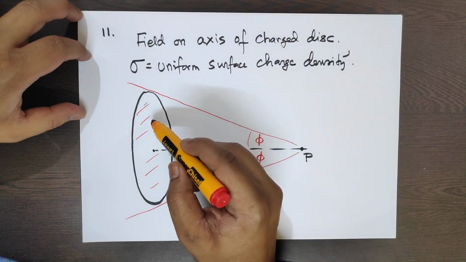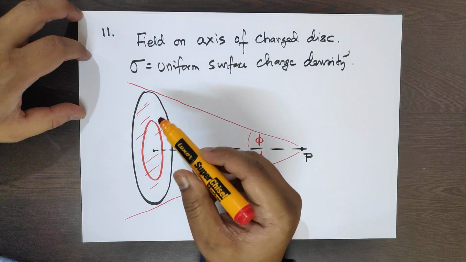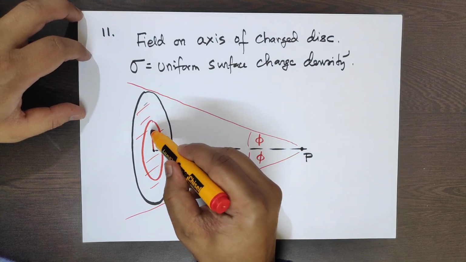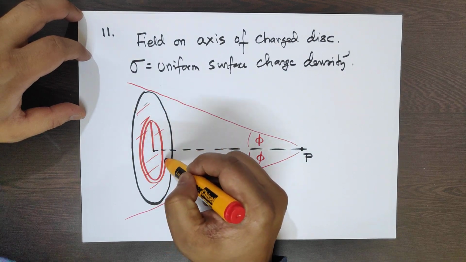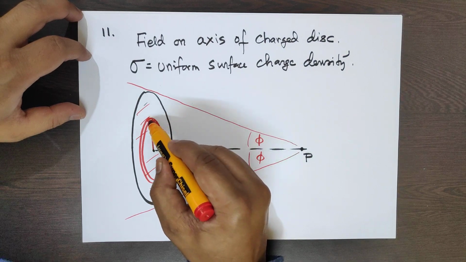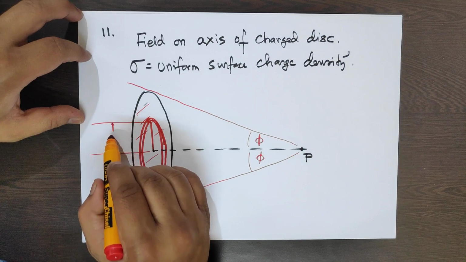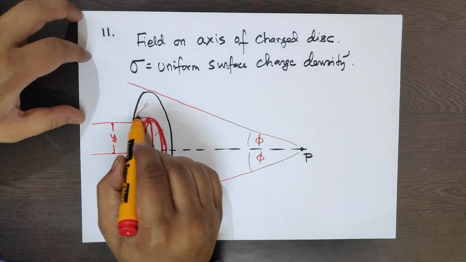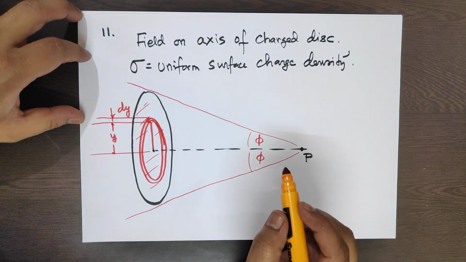For that we will use the formula of that ring again. So that is y, this is dy.